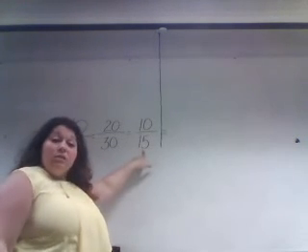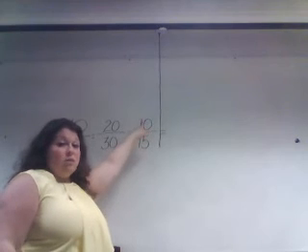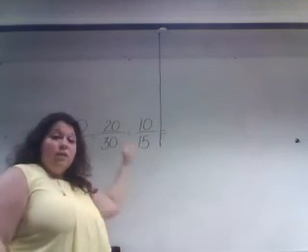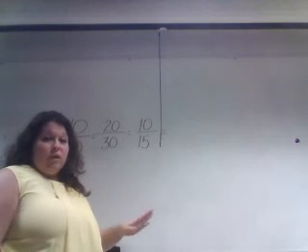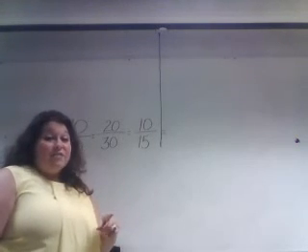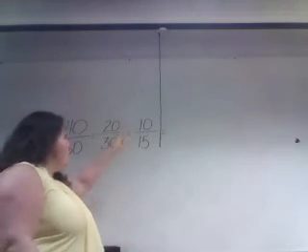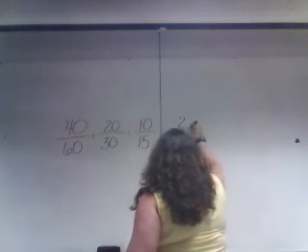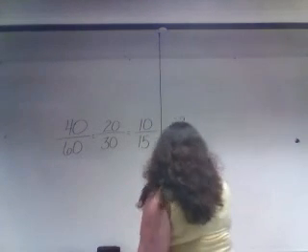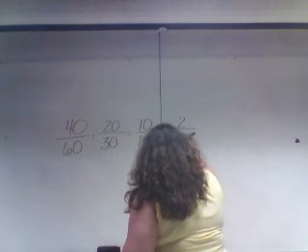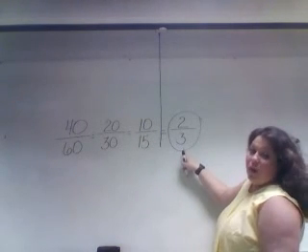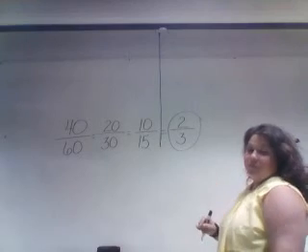I could use 3, it goes into 15 evenly, but it doesn't go into 10, so I can't use 3. 4 does not go into either number evenly, so I can't use that, but 5 does. So 10 divided by 5 is 2. 15 divided by 5 is 3. And this is your answer because this is as low as the fraction can go.